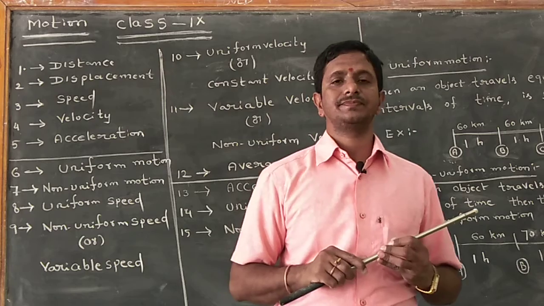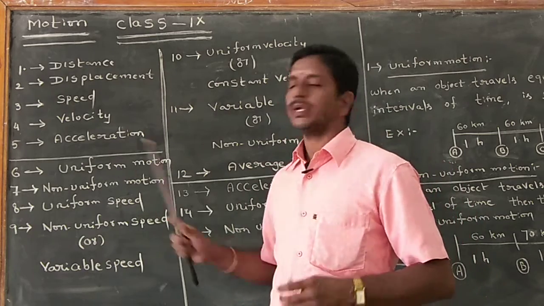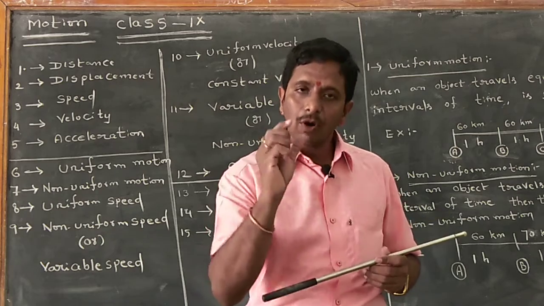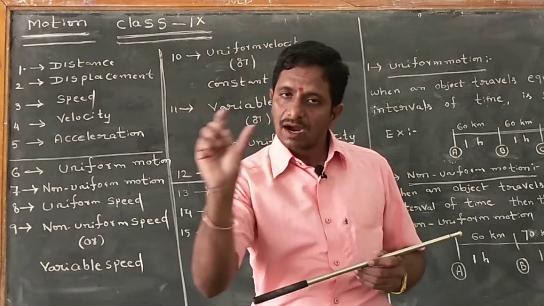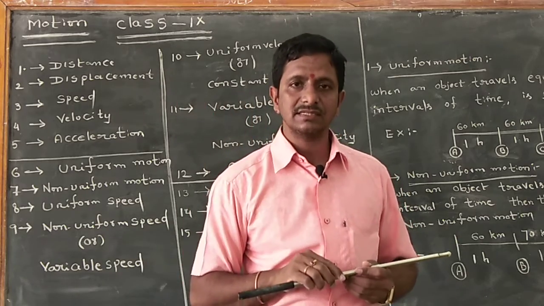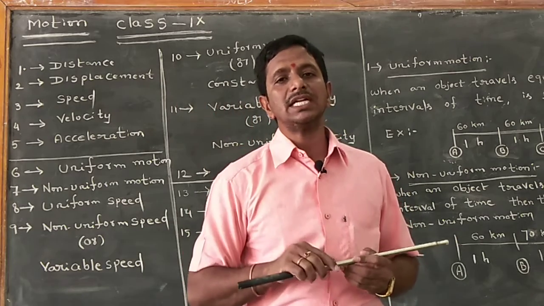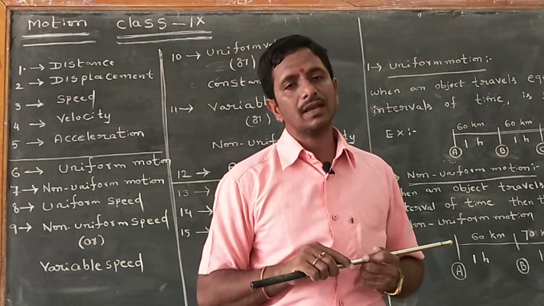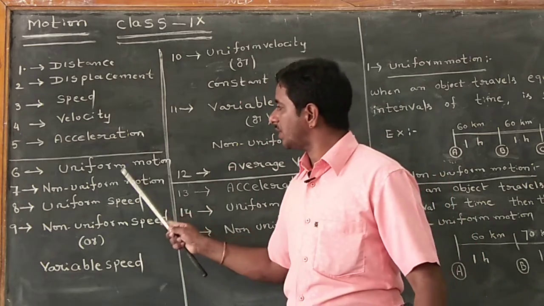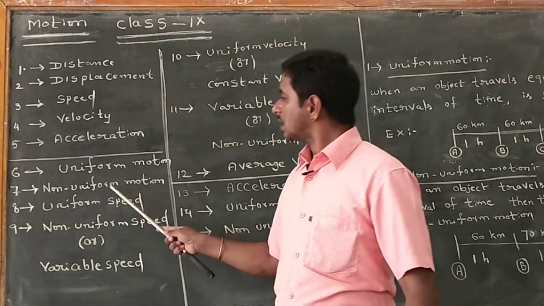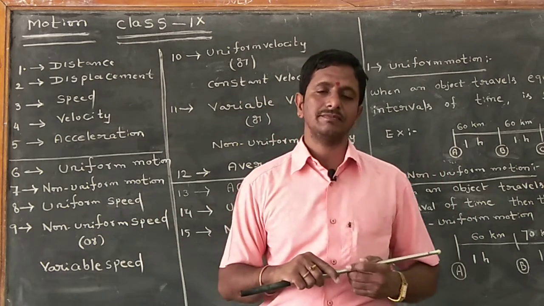Now, uniform motion. When a body travels equal distances in equal intervals of time, such a motion we call uniform motion. Now, non-uniform motion.